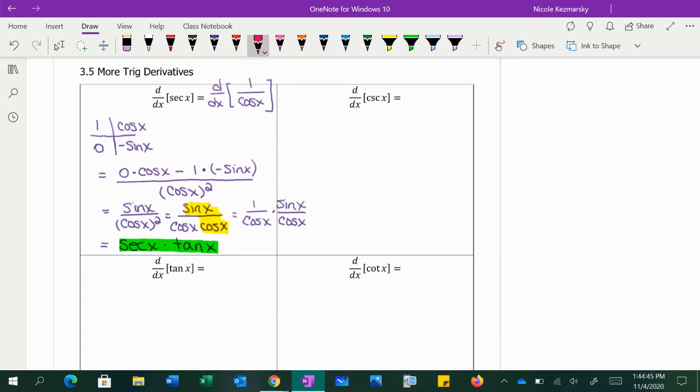We're going to do the same thing for cosecant. So cosecant, when I rewrite it, I'm going to end up with the derivative with respect to x of 1 over sine of x. And then I'm going to do my quotient rule. So I'm going to set up my box. And I'm going to put 1 and sine of x in the top 2 boxes. The derivative of 1 is 0. The derivative of sine is cosine.